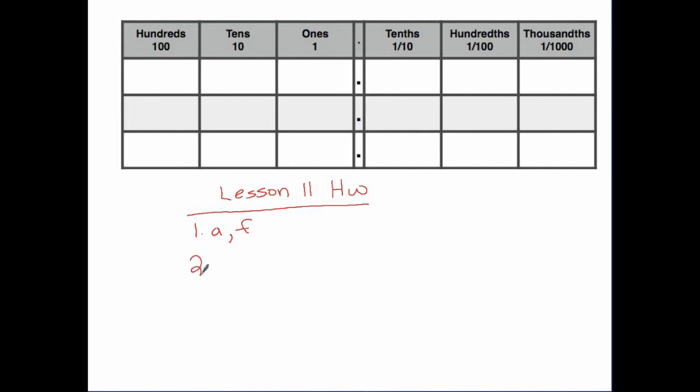On 2, you're going to do A. And if you look at the next page, there's a B. Do you see that where it says 6 and 6 times 7 and 49? Okay, so circle B. And D. So how many math problems should you have circled right now? 5. That's all you're going to do.